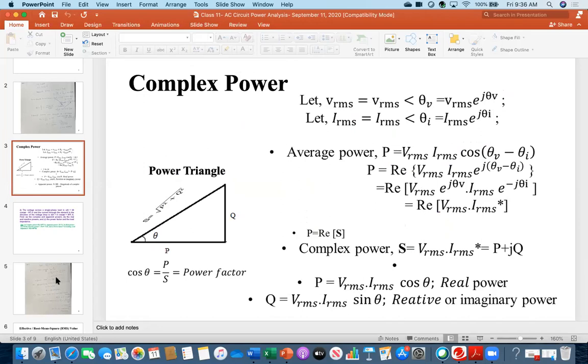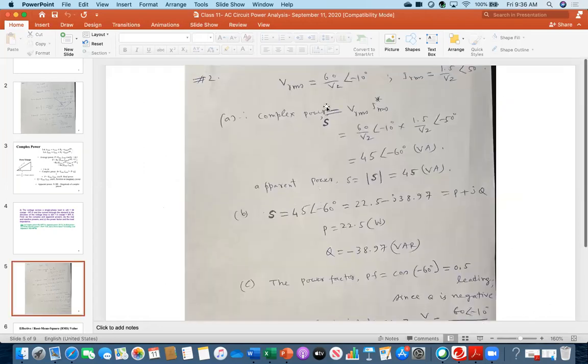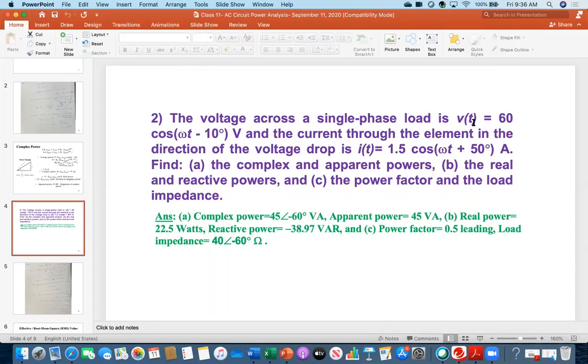So in the solution, V RMS is 60 over root 2 angle, and I RMS is that magnitude over root 2 angle 50. In the voltage expression it was 60 cosine of this one, but 60 is the amplitude, not the RMS.